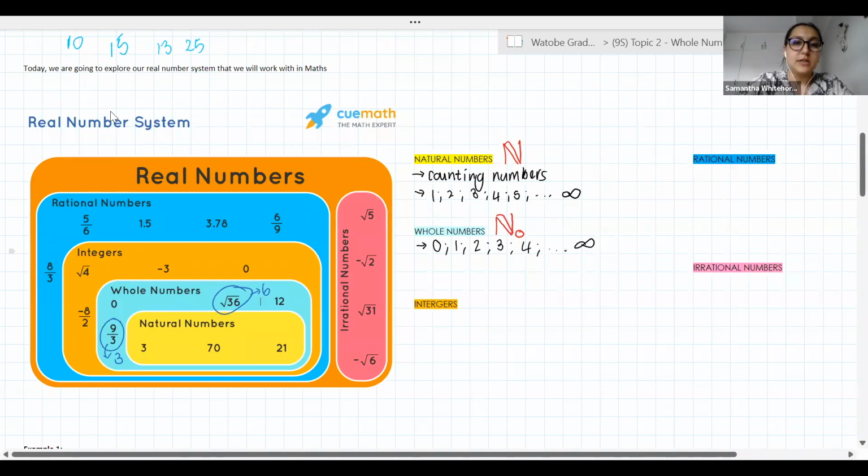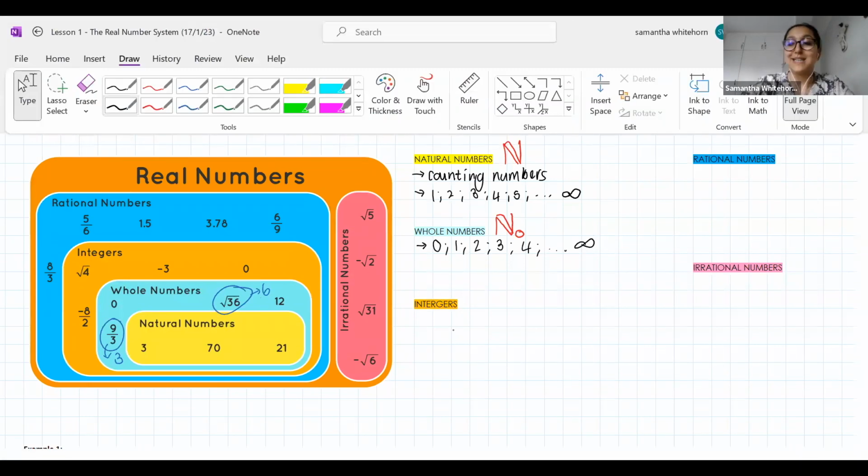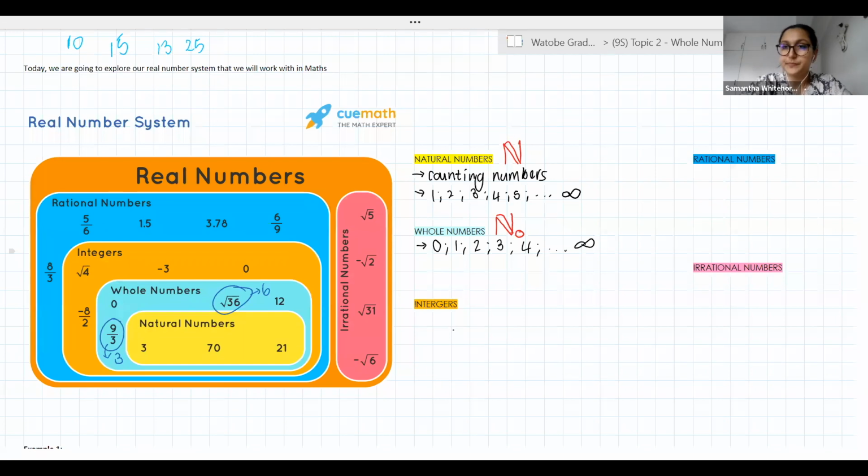Right, so those are natural numbers and our whole numbers. Can anyone tell me what an integer is? Lawrence, what is an integer? It is numbers that are positive and negative, I think.